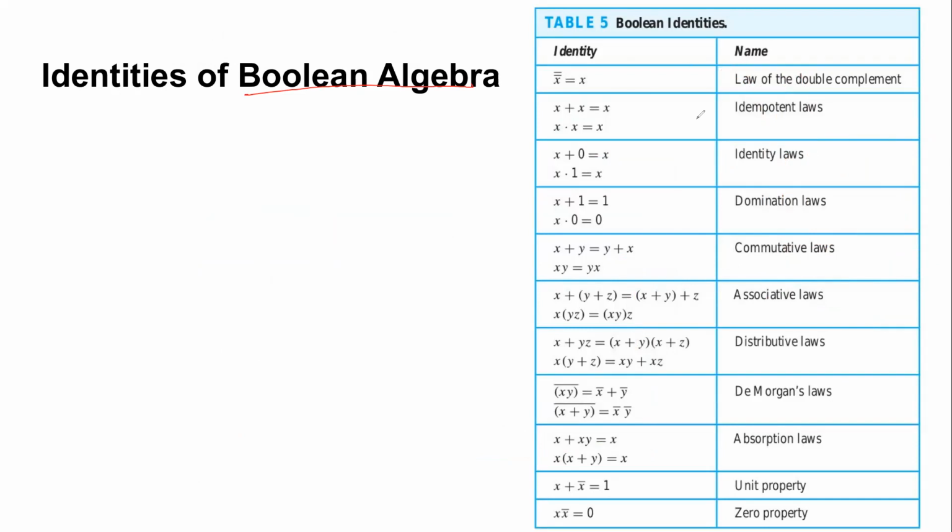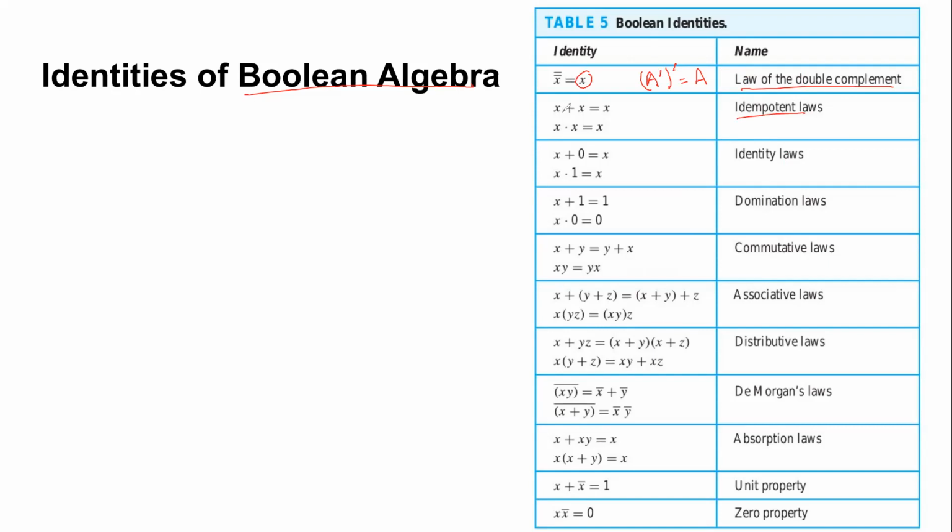So the first Boolean identity is known as the law of double complement, which says that if you take the complement of a complemented Boolean expression, it will give you the expression back, which is the same as your complement law. If you take the complement of a complemented set, it's going to give you the set back. The next category of laws are known as idempotent laws.